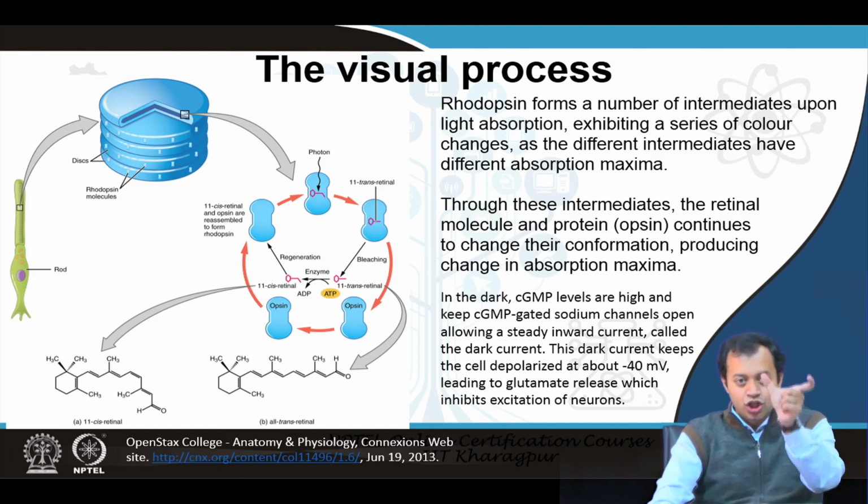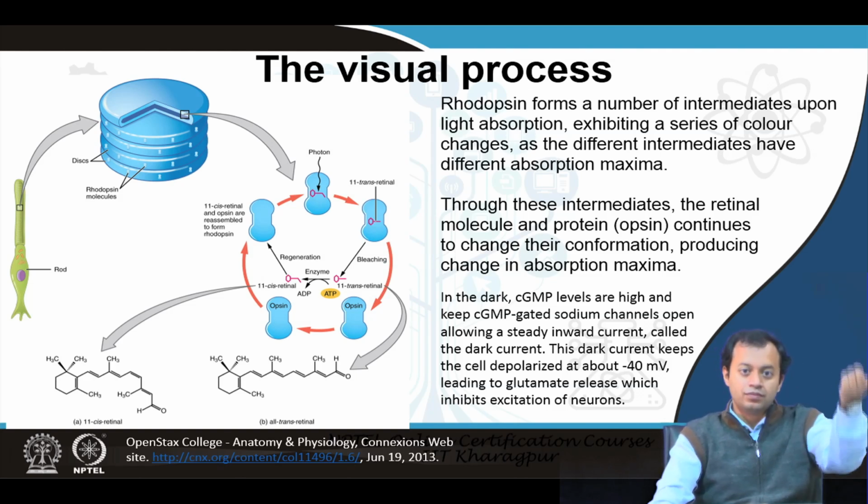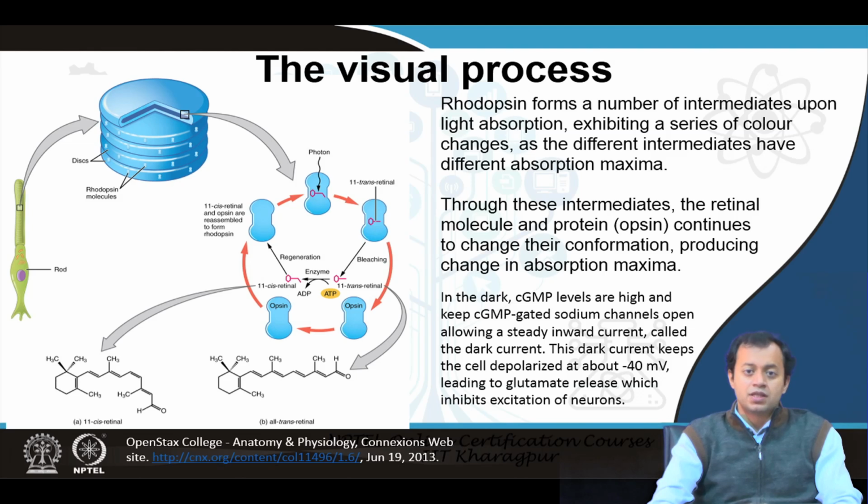That potential difference results in the formation of a current flow. That current flow is perceived in our visual cortex, in the brain, as vision.